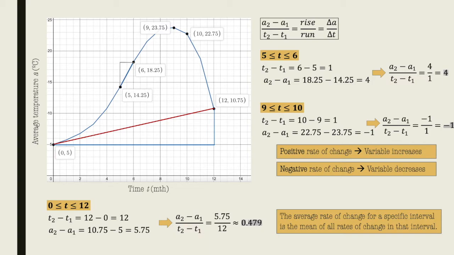To name an example, if you are driving a car for 2 hours and arrive somewhere 200 kilometers away, your average rate of change of distance, your average speed, will be 100 kilometers per hour, as 200 divided by 2 equals 100.